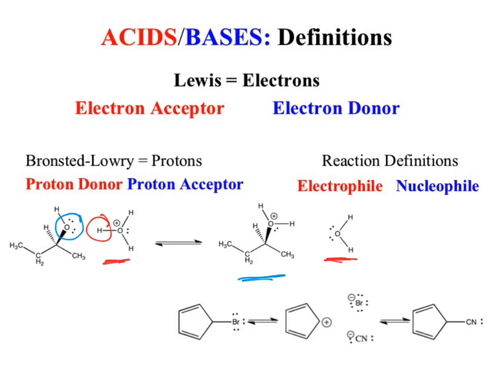Circled potentially the wrong one. Okay. Which means the only thing that has happened in the course of this reaction is transfer of a hydrogen. Because it is only the transfer of a hydrogen, also known as a proton, we will now reference this as an acid-base reaction.